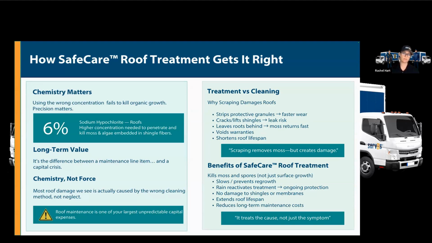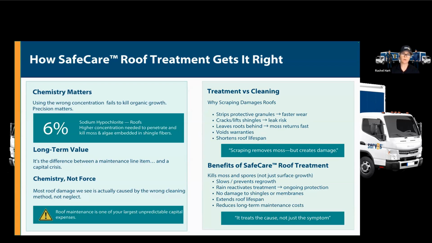So when we're spraying it onto the building, it's pre-mixed, and basically the soap, which is a surfactant, encapsulates the bleach and finds its way and embeds into the roots of the shingle and into the roots of the algae and beyond. It's not just on the surface.